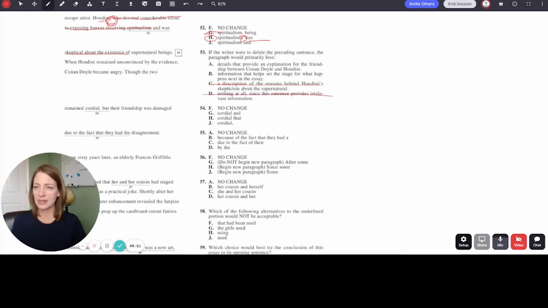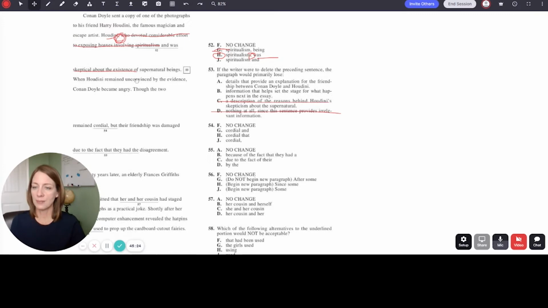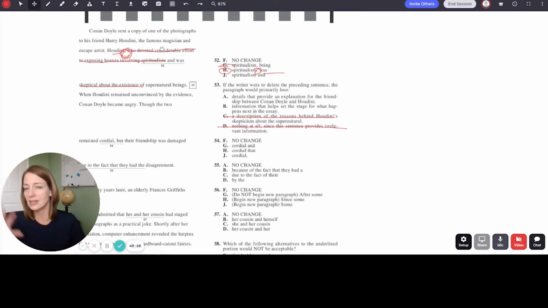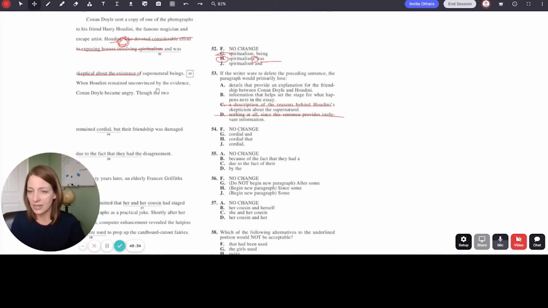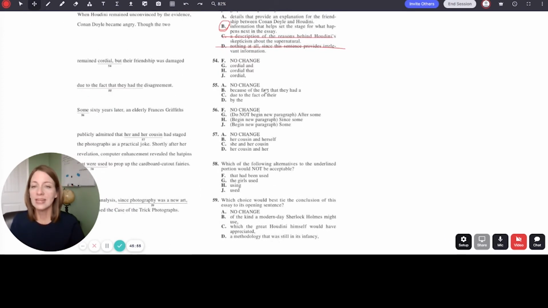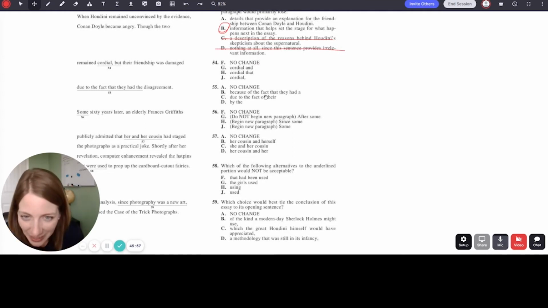Okay. So I think it's going to be necessary. Let's see, depending on what happens. So he sent a photograph to Houdini. Houdini exposes this stuff. When Houdini remained unconvinced by the evidence, CD became angry. Okay. All right. So we need this information because it sets the stage for what's going to happen next. Okay. Next. Hang in there.